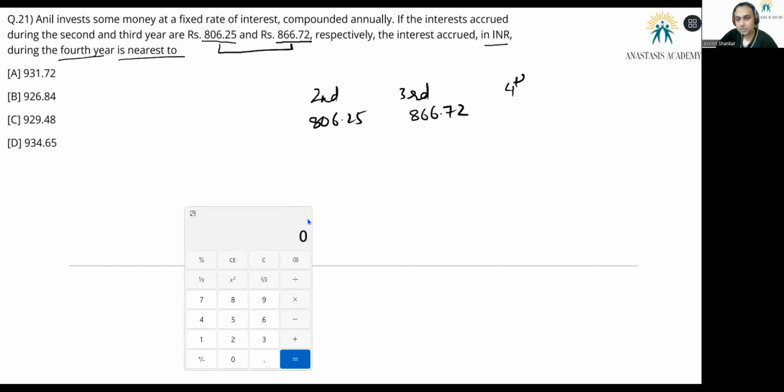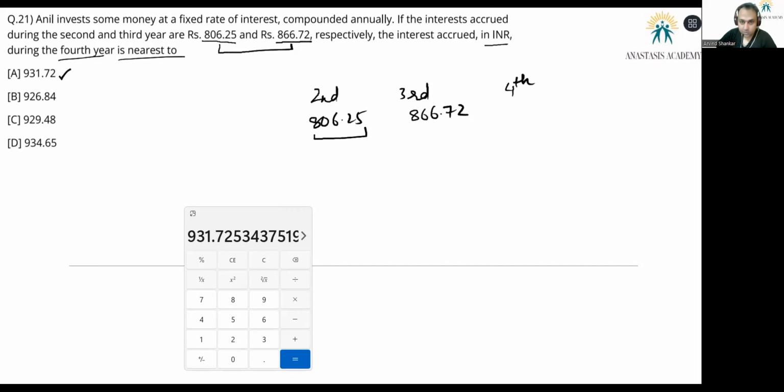If I need the fourth term, can we see we simply need the next term of this GP, which will be obtained by 866.72 into 866.72 divided by 806.25, which is equal to 931.725 something something. Now among the available options, we mark option A and we move on. ये जीपी वाली इनसाइट से फटाक से हो जाता है.